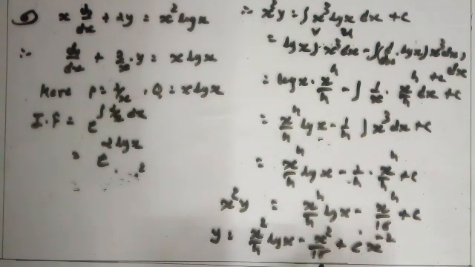Clear? Here with 16 also take LCM. So we get 4x square log x minus x square, in brackets, over 16, plus c x raised to minus 2. This is also a final answer. Clear? This is the correct answer.